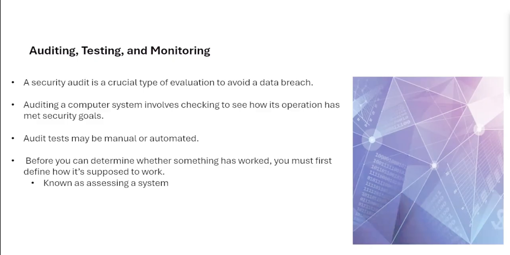Are you doing proper security testing? Are you doing DAST, dynamic application security testing, and SAST, static application security testing? Do you have proper firewalls in place? Are you monitoring your systems?